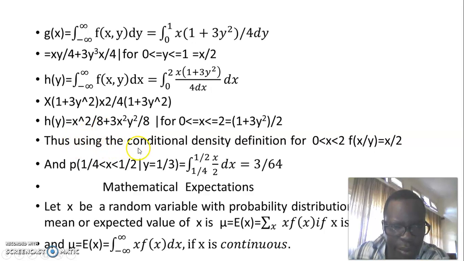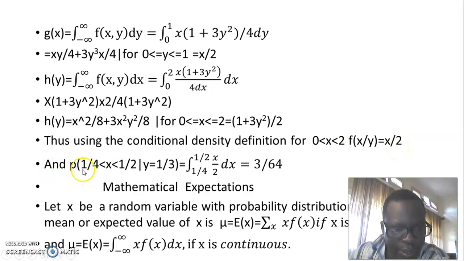Thus, using the conditional density definition for x between 0 and 2, our conditional distribution f of x given y is equal to x over 2.